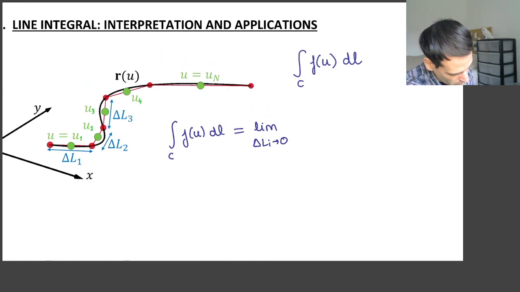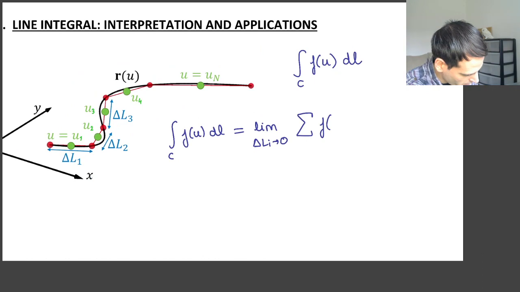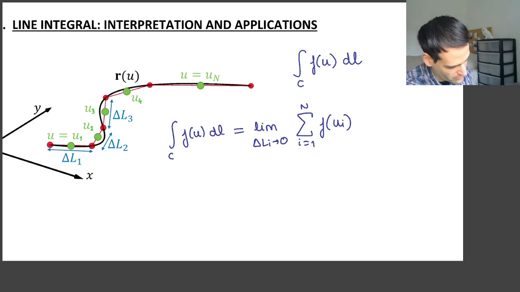But we do the limit of the sum of f evaluated at ui, where i goes from 1 to n. So for each segment we evaluate the function at the point ui, so u1, u2, u3, u4, and un, and then we multiply that by delta li, by the length of the segment.